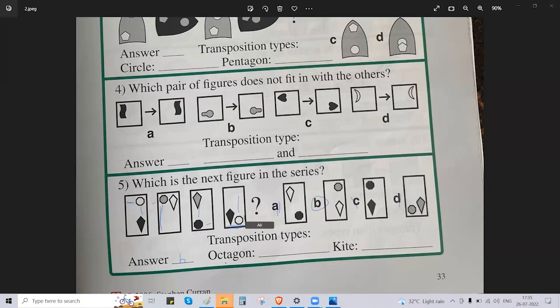Then you would also have to change the shadings and make the octagon gray and the kite white. Also, the transposition types would be, for the octagon, vertical, and for the kite, horizontal.